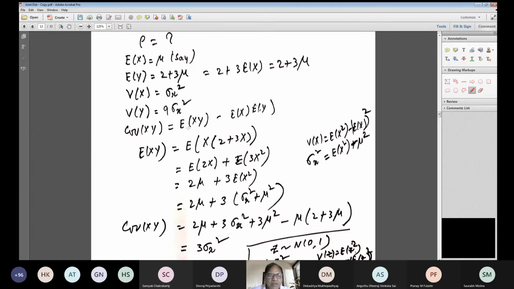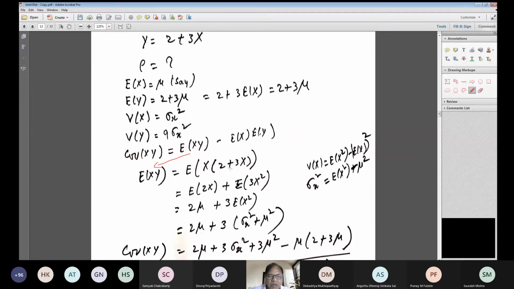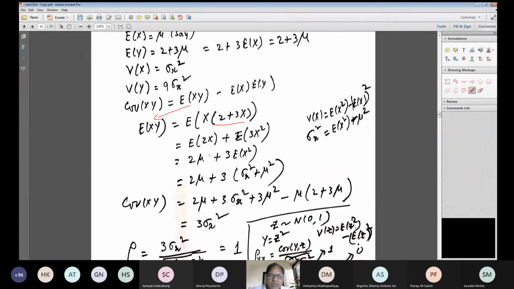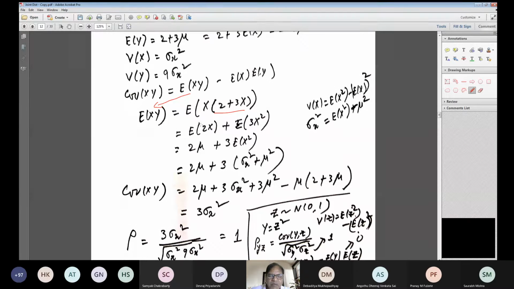So e of xy is calculated here. You substitute the value of y, which is 2 plus 3x. I have just kept that quantity here. Now you just manipulate. It will become the expected value of 2x plus the expected value of 3x square. The constant term you can take out, so this will become 2 mu, and this will become 3 times the expected value of x square.